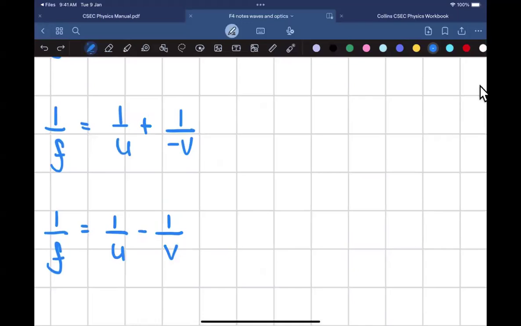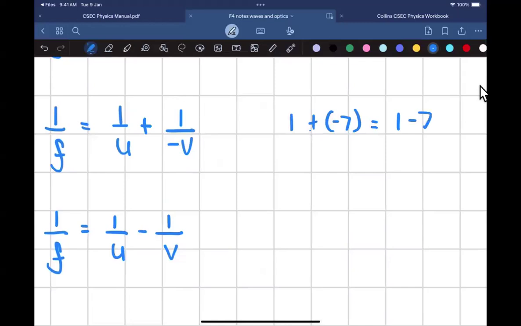I feel like you're a little confused there. Let me show you something. If I had 1 plus minus 7, that's the same thing as 1 minus 7.